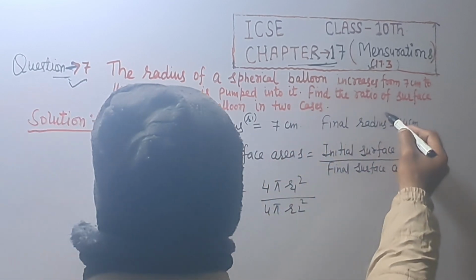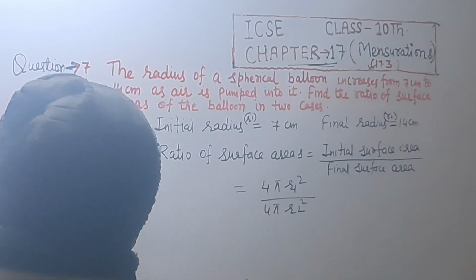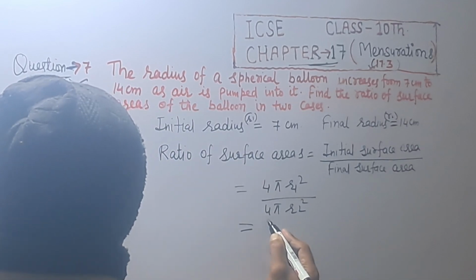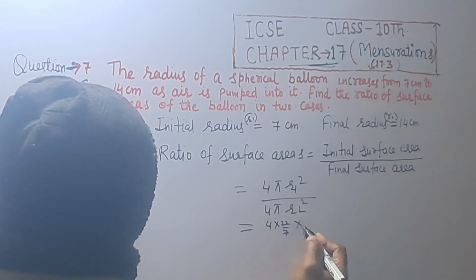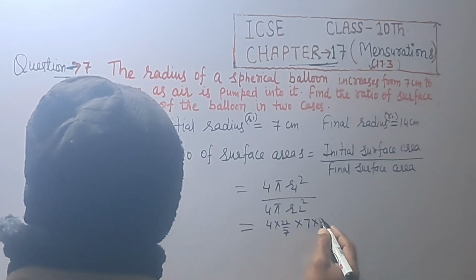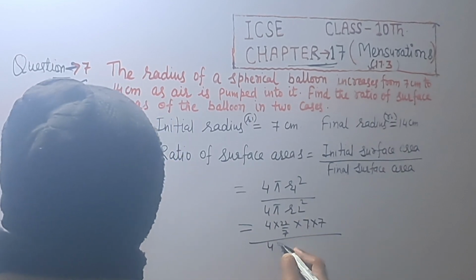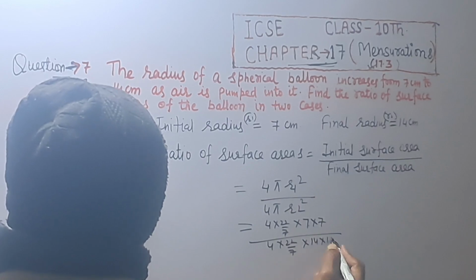Putting r1 and r2, that is equal to 4 into 22 upon 7 into 7 into 7 divided by 4 into 22 upon 7 into 14 into 14.